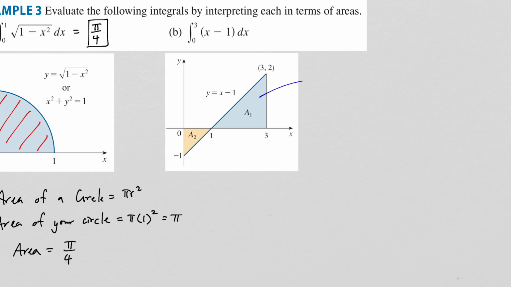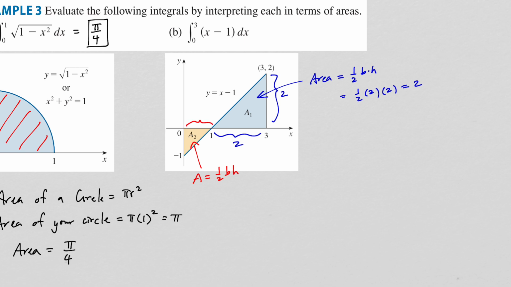So what's the area of this triangle? We need to remember that the area of a triangle is 1/2 the base times the height. For this triangle, the base is 2, it's this distance here, and the height is also 2. So it's 1/2 times 2 times 2, which is 2. And then the area down here is the same thing. It's 1/2 times the base times the height.